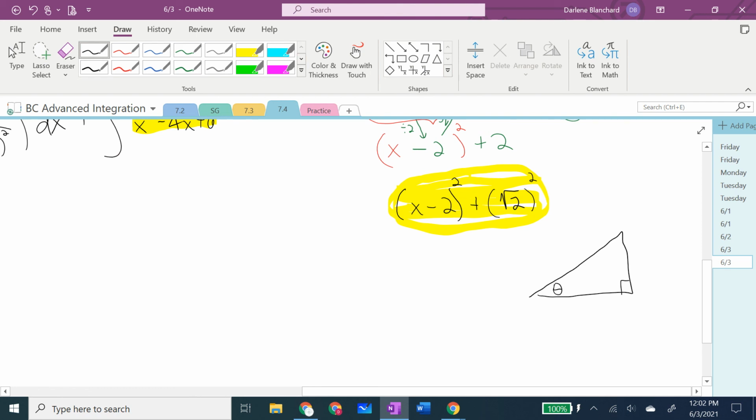And then my options are, I can use tangent and cotangent. I would prefer tangent. Opposite over adjacent, and then Pythagorean theorem says leg squared plus leg squared equals hypotenuse squared. Alrighty. And this is why we choose to use tangent theta for our trig substitution.